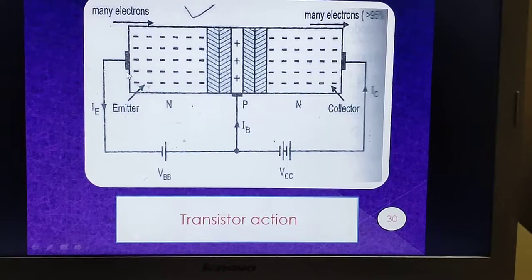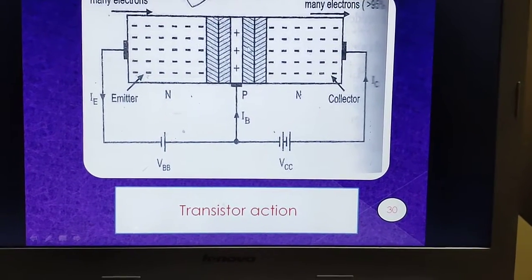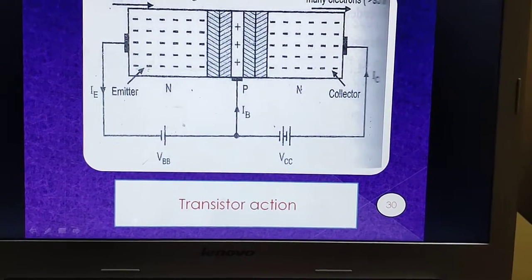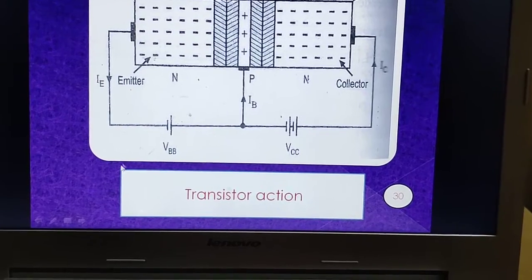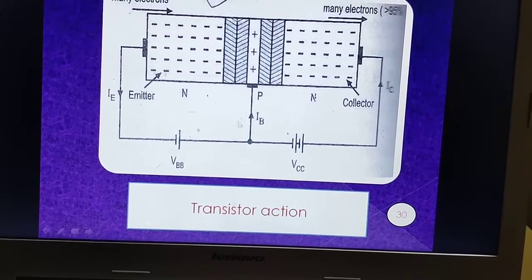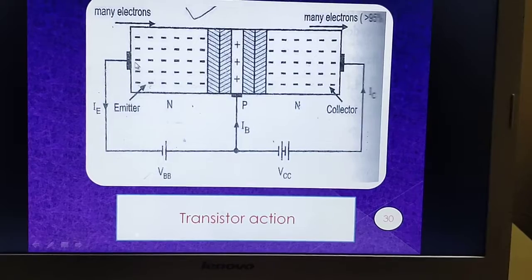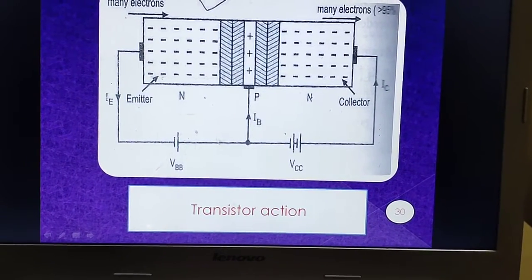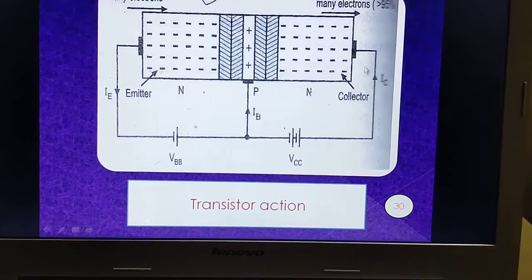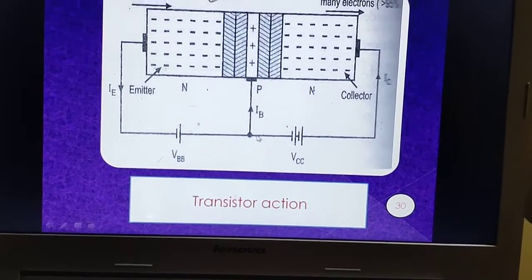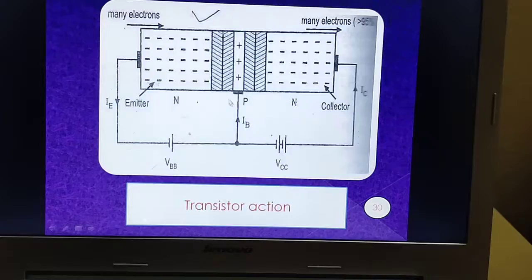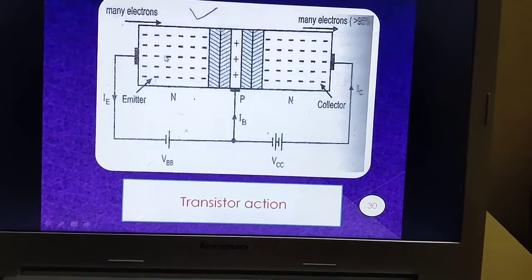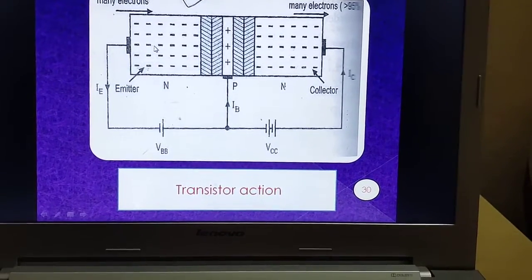While studying the transistor action, whether it is an NPN transistor or a PNP transistor, always the first junction, emitter to base junction, is forward biased, and the second junction, collector to base junction, is reverse biased.